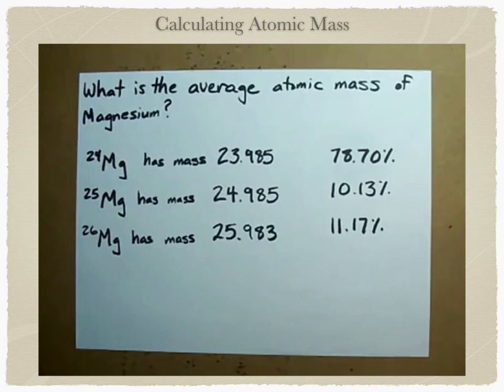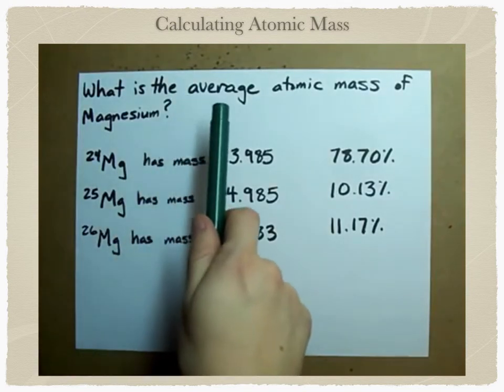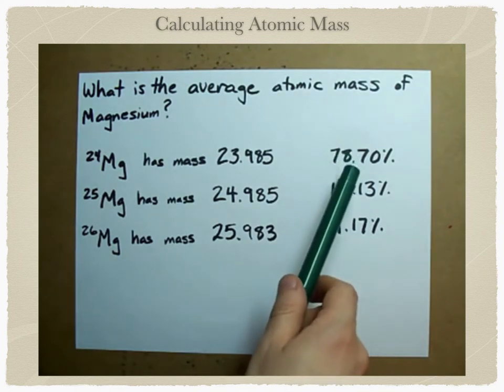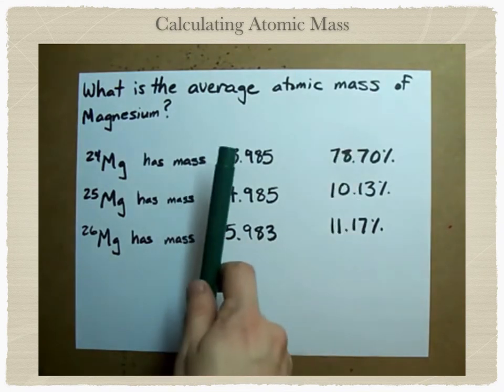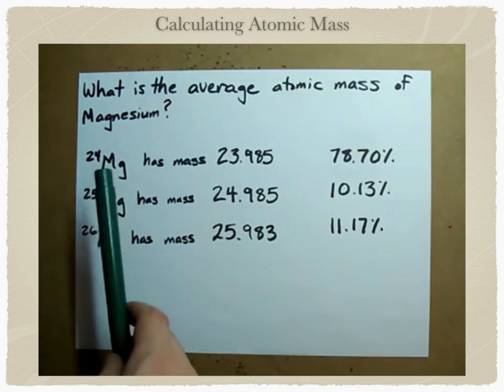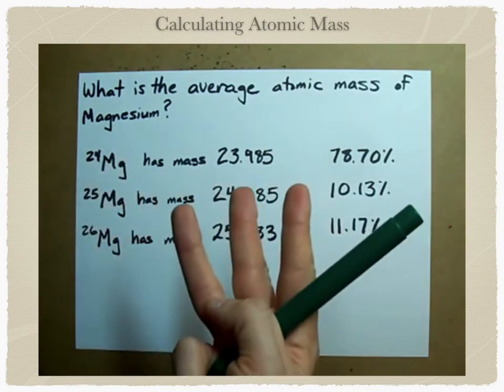All right, so how do you calculate the average atomic mass of an atom if you're given the isotopic abundances and the mass of each of the isotopes? For example, magnesium exists in 3 different isotopes.